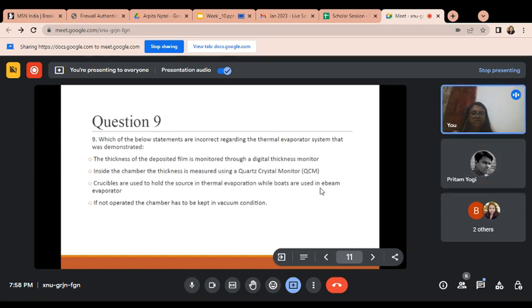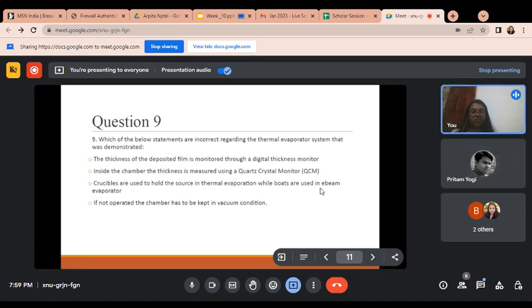But tell me, what is the need for a crucible in e-beam evaporation? At first, tell me. In thermal evaporation, we use some wire kind of source. If we want to use pellets of a metal, then we have to put them in a crucible.